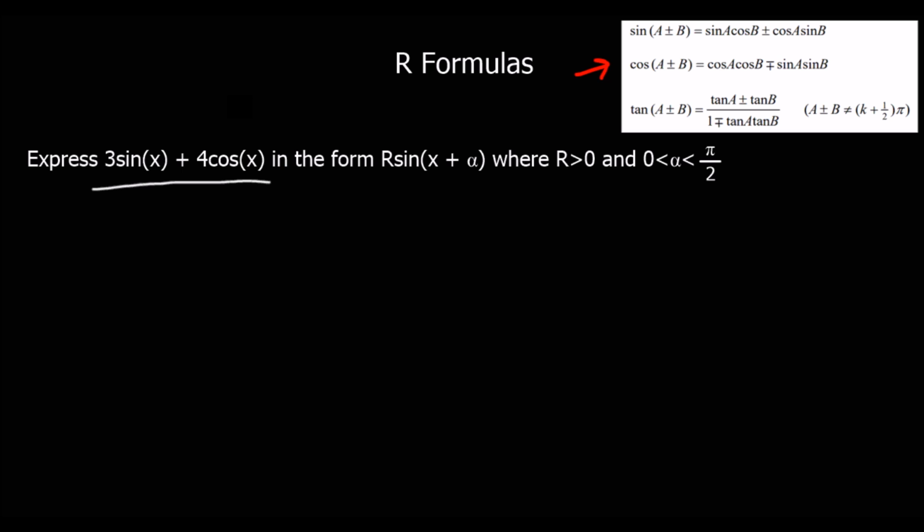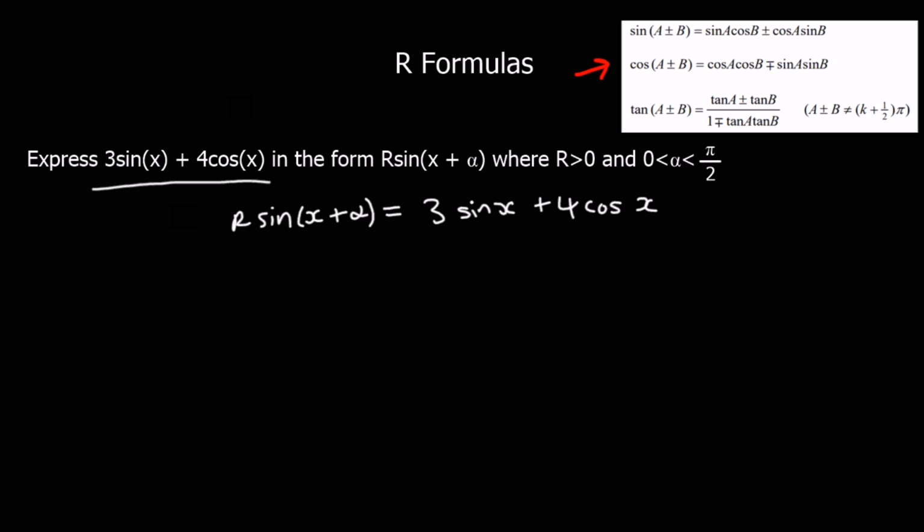So let's look at what we want to do. We want to change 3 sin x plus 4 cos x into the form r sin(x plus alpha). So r sin(x plus alpha) must be equal to 3 sin x plus 4 cos x.